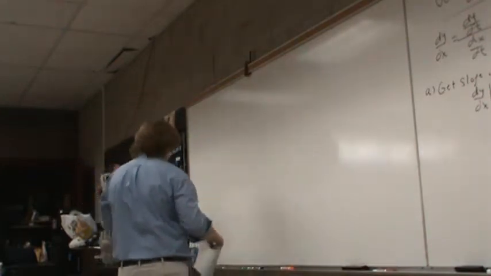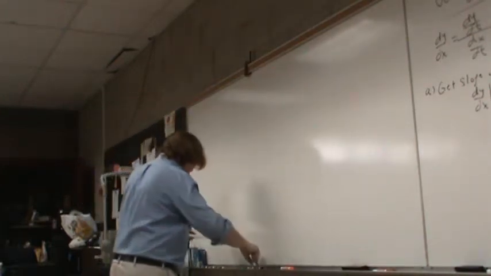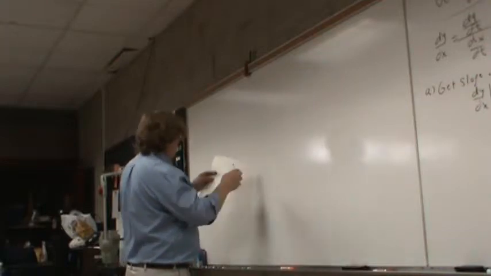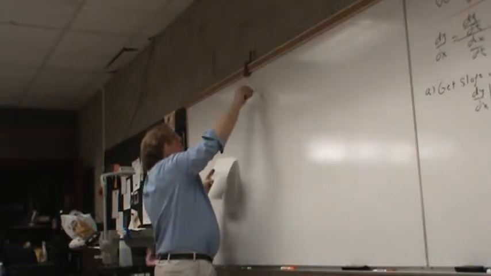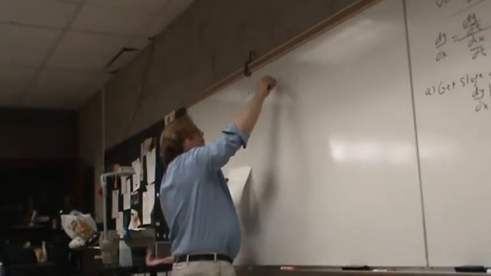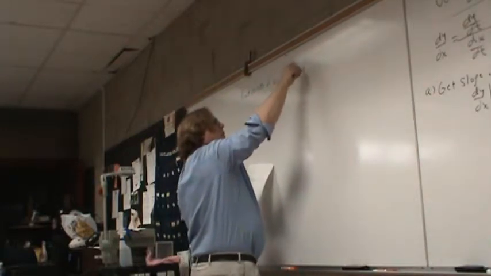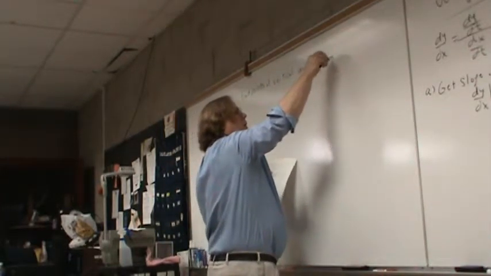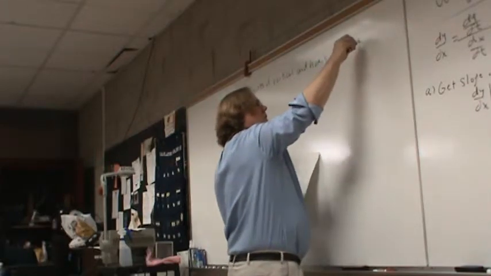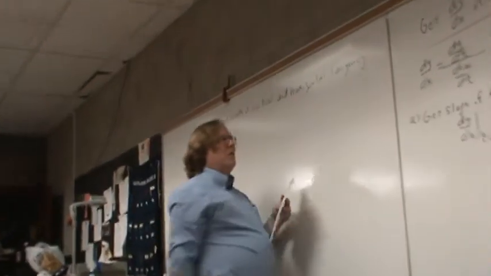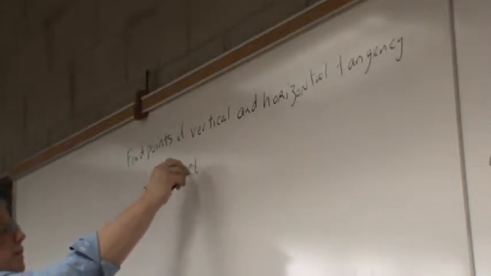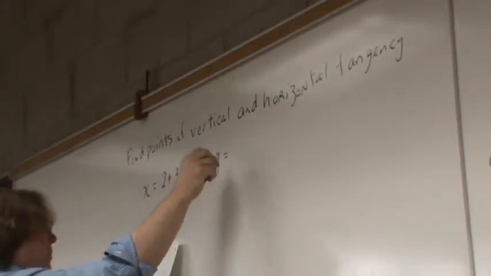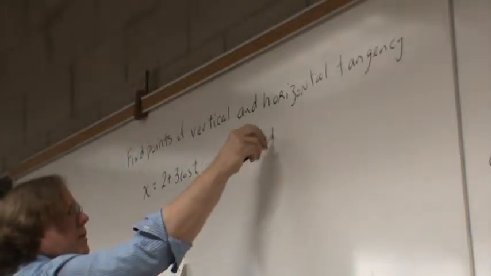If you follow along on my little whiteboard. Let me see. Find points of vertical and horizontal tangency. Here it comes. x equals 2 plus 3 cosine t, and y equals 1 plus 2 sine t.